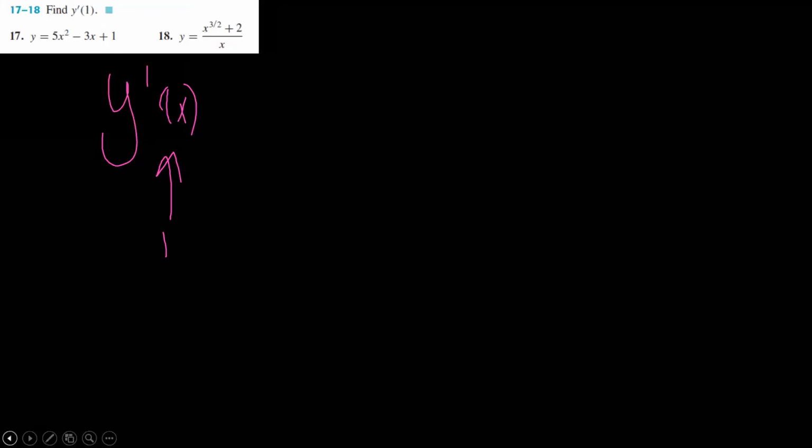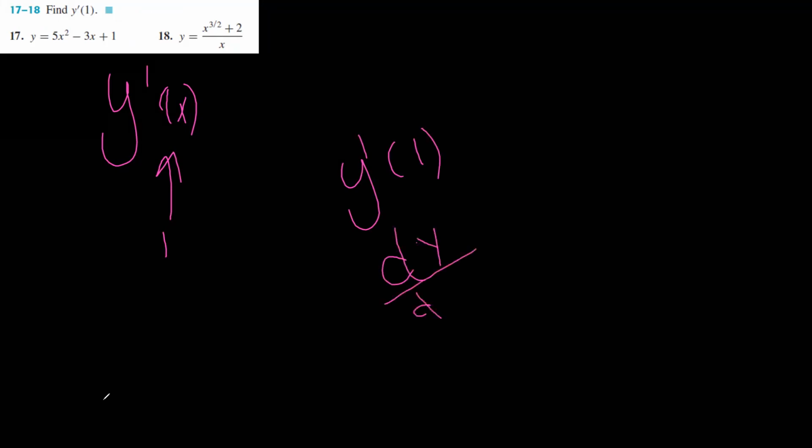So for this one here, as we solved it on Thursday, if I'm asking you to find y double prime of 1, or sometimes I can write it as dy over dx at x equal 1, that means find the derivative of y over x when x equal 1.